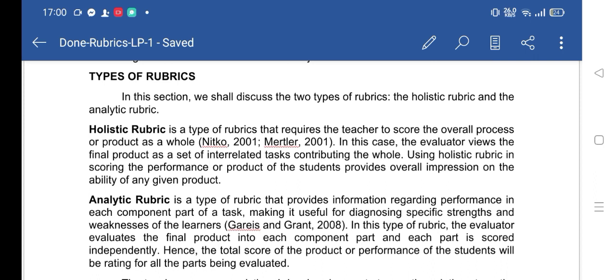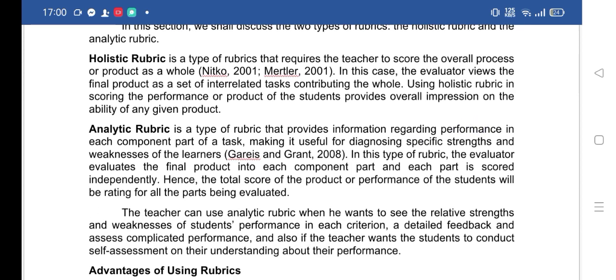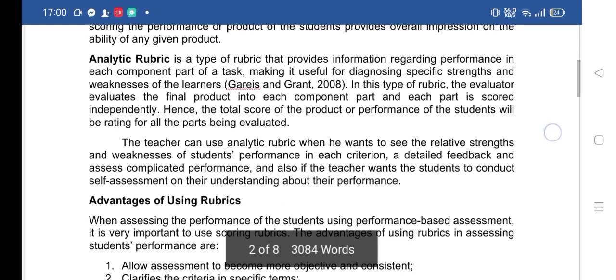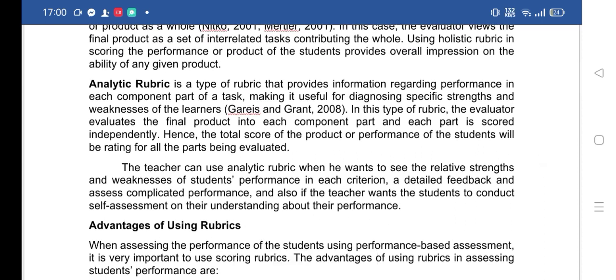Using a holistic rubric in scoring the performance or product of the students provides an overall impression of the ability shown in any given product. So holistic consists of a single scale with all criteria to be included in the evaluation being considered together.